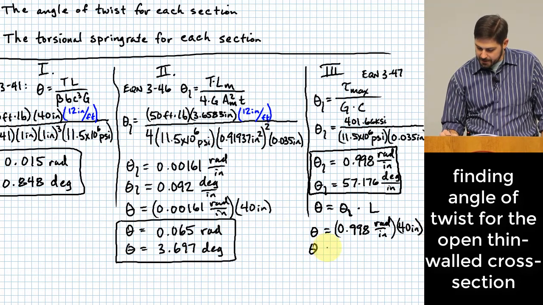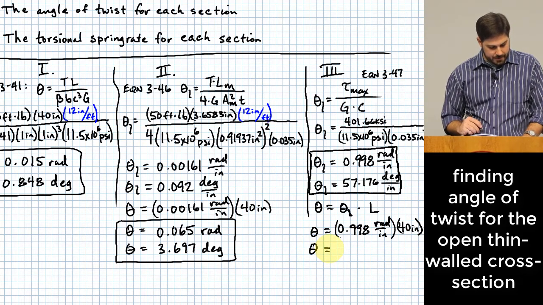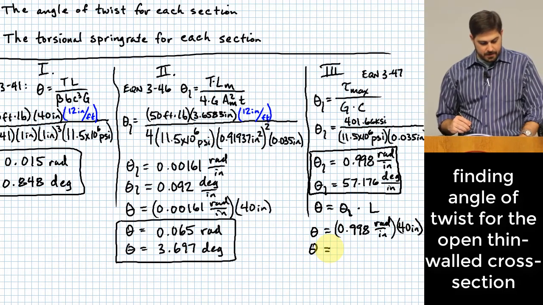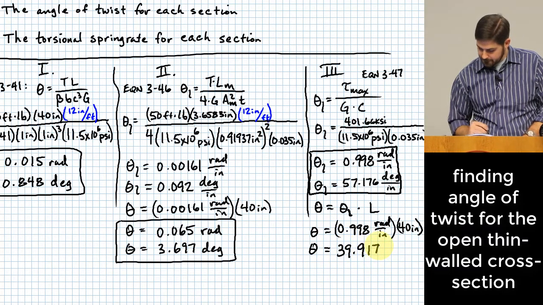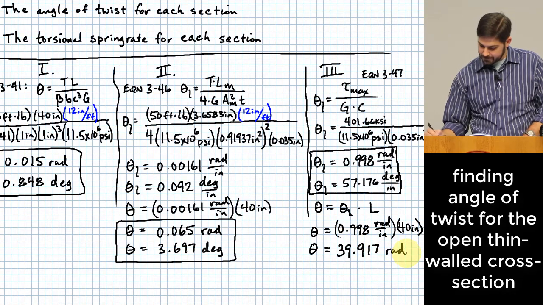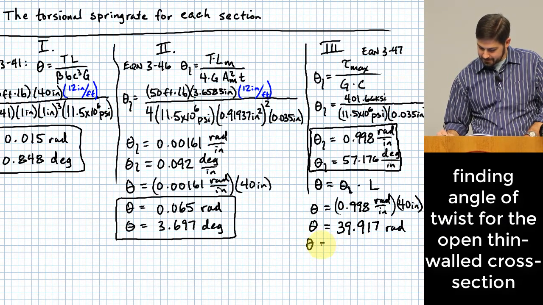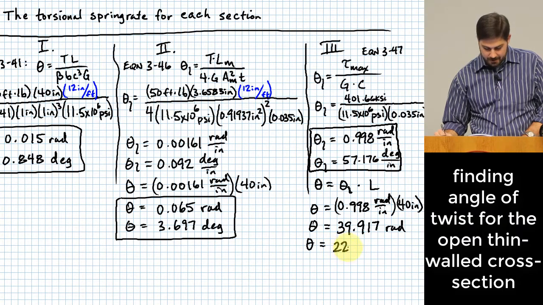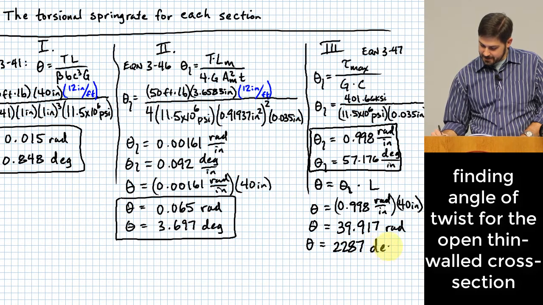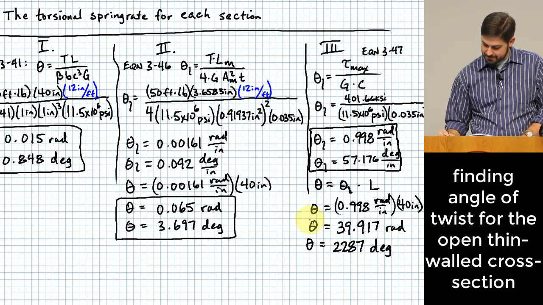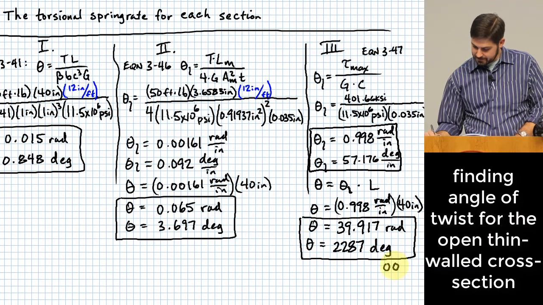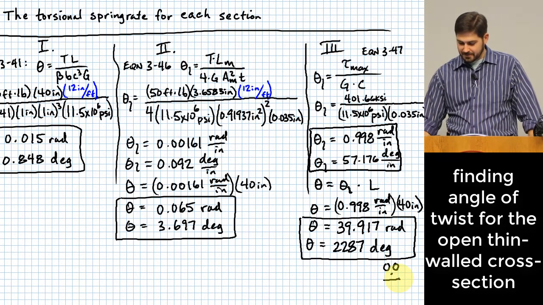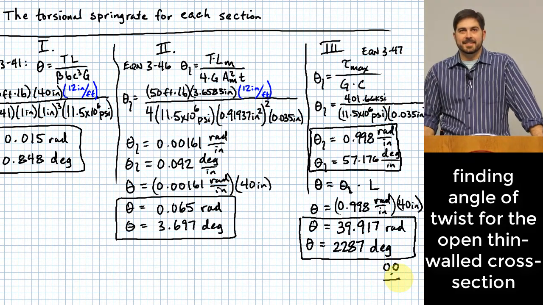And this gives me a theta value of 39.917 radians, or 2,287 degrees. All right?